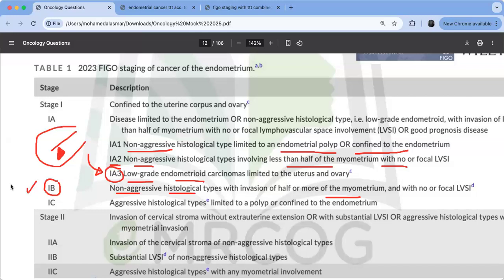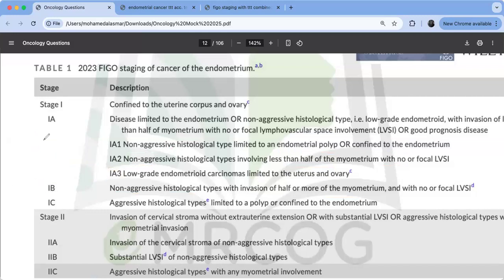Okay, so what is the 1C? Doctor, I remember there was no C in the older stages. Yes, C is new in this staging. So for 1C, I would like you to remember that C is for aggressive. There is no C in aggressive, but I will try to link it anyway. So C for aggressive type. 1C is for aggressive histological type.